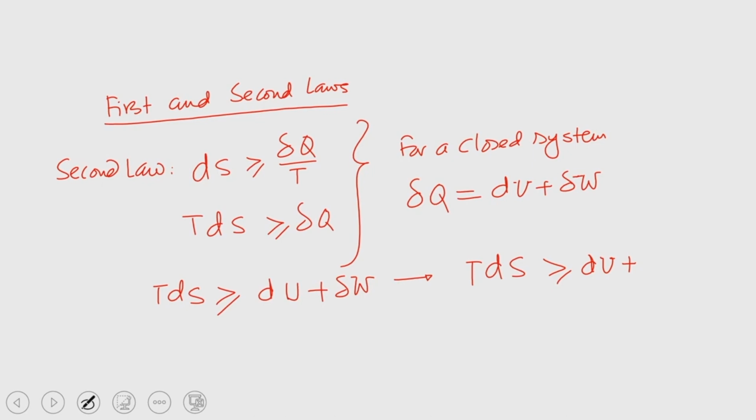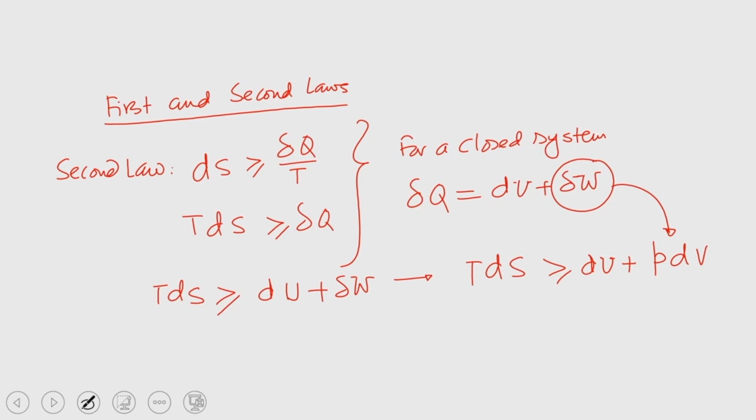So, if that is the case, then this is P dV. If we would like to write the work done by this quantity P dV, it is not necessary that the system has to be a closed system.